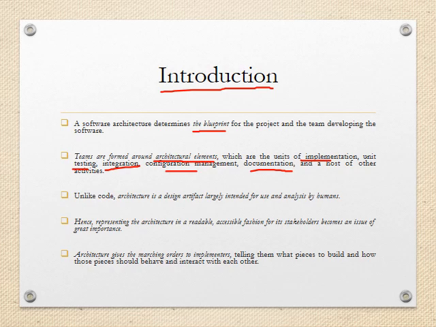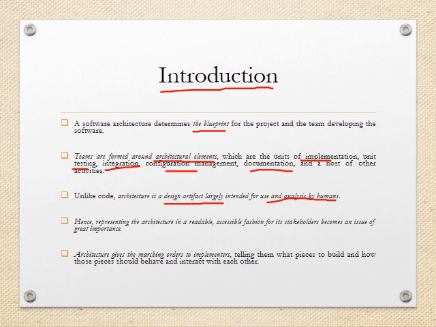Unlike code, architecture is a design artifact largely intended for use and analysis by humans. Let's think about code and architecture. Code is like a set of statements that only the computer can understand or translate, while the design is intended for use and analysis by humans.